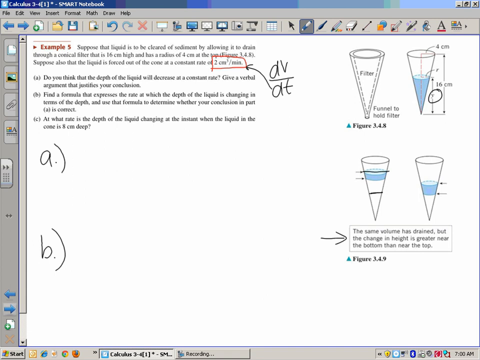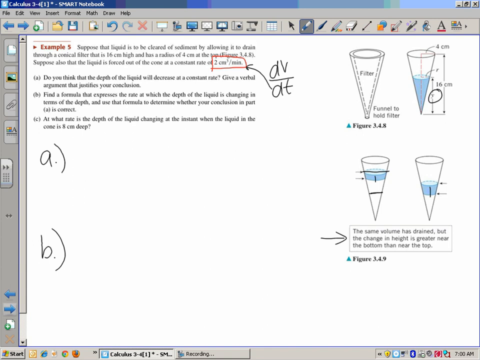So the diameter of the cone, if you will, is decreasing, which means that the y must also be changing at a different rate, because look here versus looking here. Okay, so just looking at the pictures, we can get the answer to part A. The answer is no, it will not decrease at a constant rate, and the reason is the cone is narrower at the bottom than it is at the top.